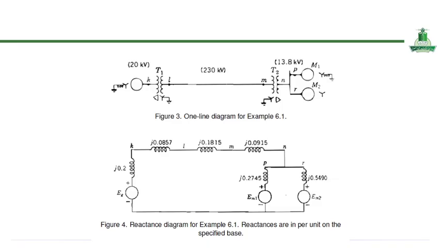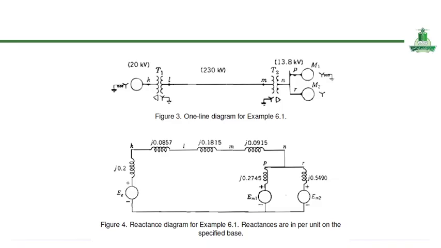Each component, generators, transformers, transmission lines, and motors, is represented by its equivalent reactance. It means all of these reactances here in the figure. So the generators and motors are modeled as internal voltage sources behind their respective reactances.